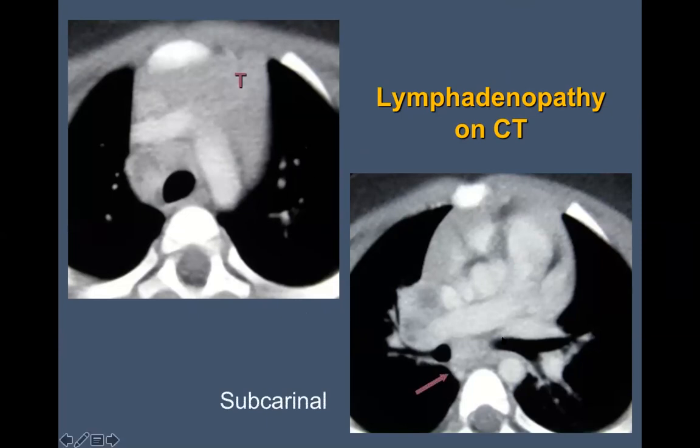So here you can see the main stem bronchi coming off, and this is a lump of nodes in the subcarinal region. You'll be looking in the lung hila here, adjacent to the pulmonary artery, and in the retrocaval or paratracheal region. Notice that these lymph nodes have a fairly characteristic appearance to them. They are low density in the middle, and they have some enhancement around the outside.